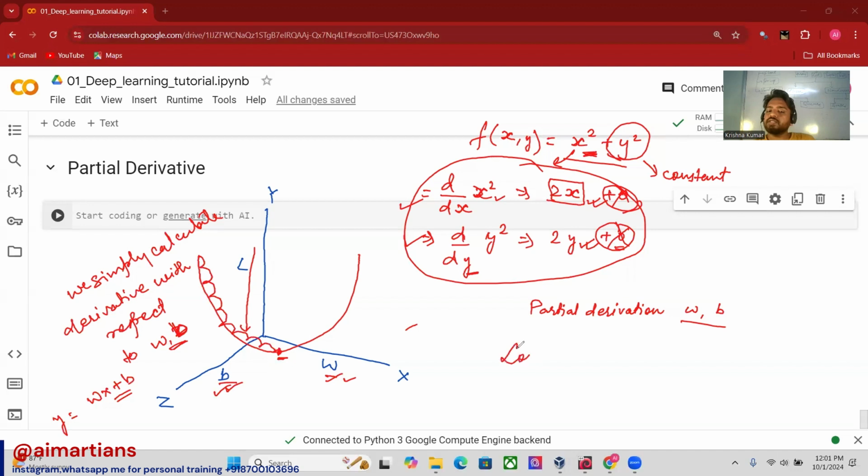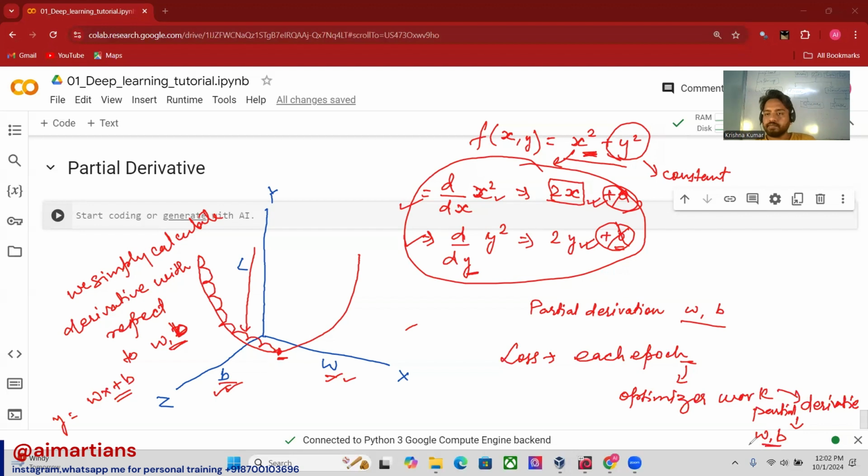After each loss calculation in each epoch, the optimizer works, calculates the derivative, or you can say the partial derivative, and tells the model to reduce loss by adjusting weight and bias.